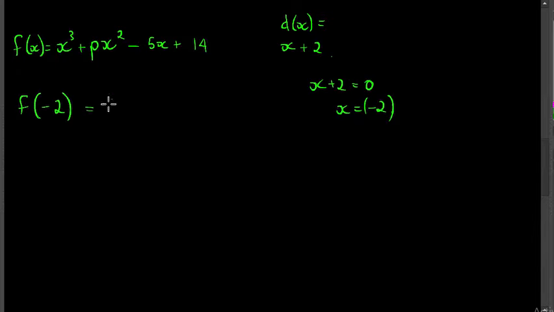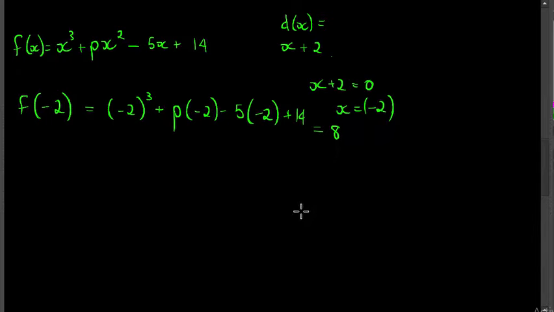So if I substitute this in here, I get my remainder, and my remainder is 8. And it's an equation. I just solve for p.